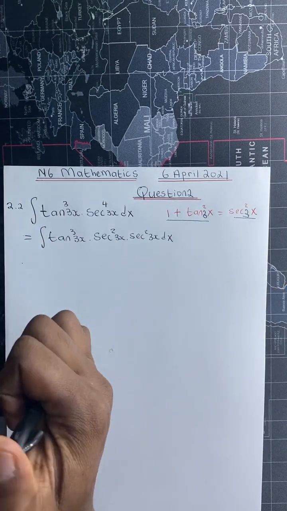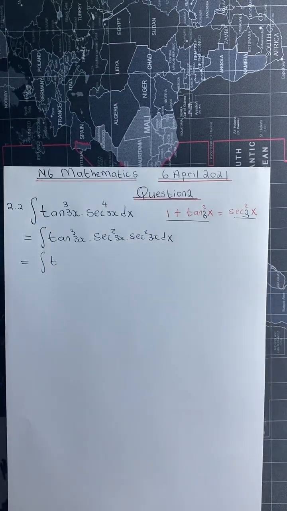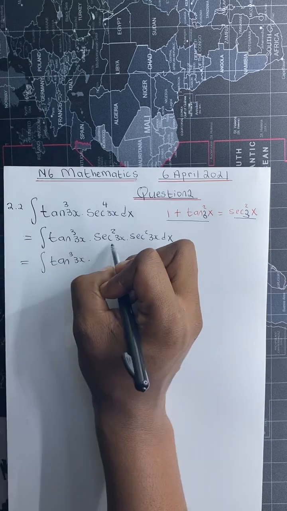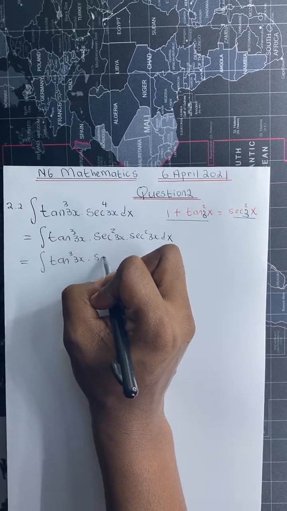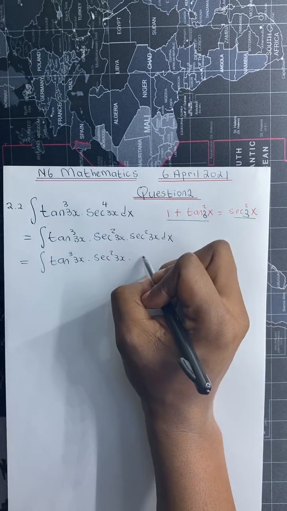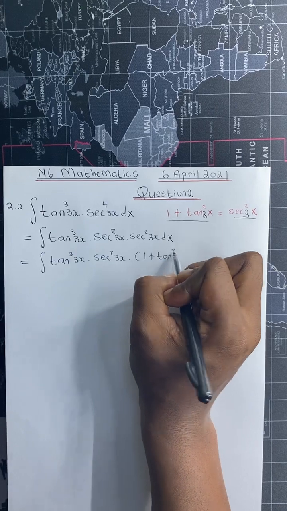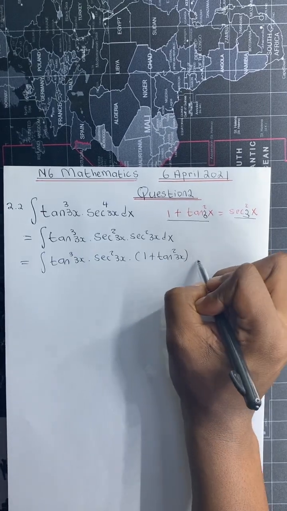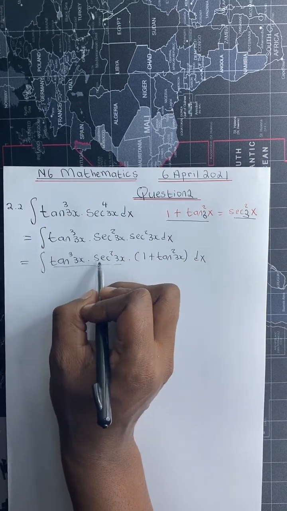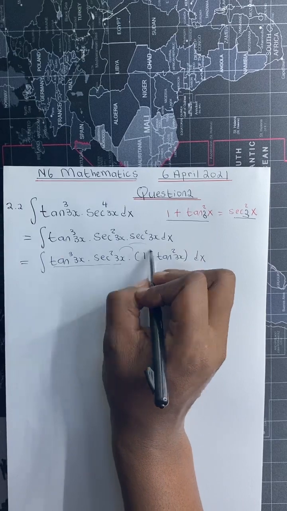So our integral: we leave the first sec squared 3x, and for the second sec squared 3x, that's where we substitute 1 plus tan squared 3x, and our dx. We distribute the tan cubed 3x sec squared 3x inside the parentheses.